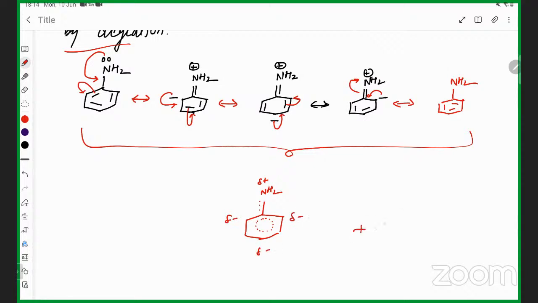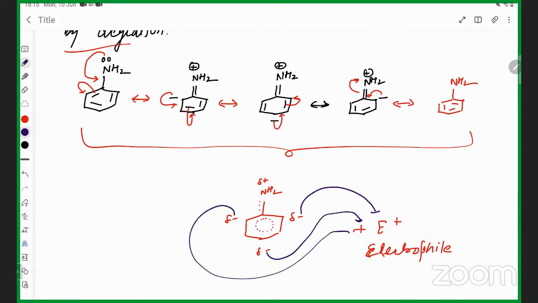So if it is attacked by an electrophile, what are you going to do here? Students, you see, it attacks this position, this position, and this position as well.